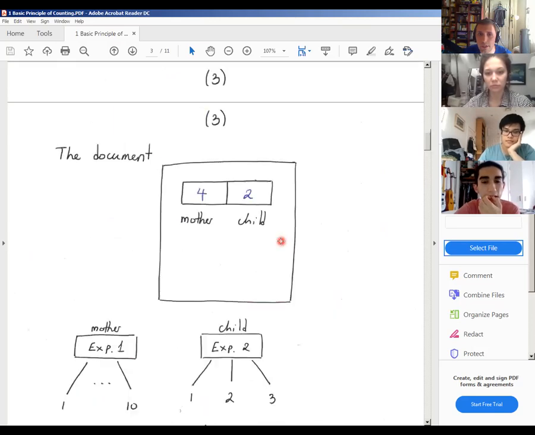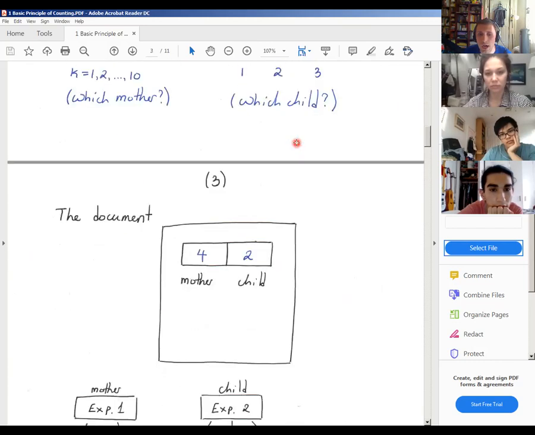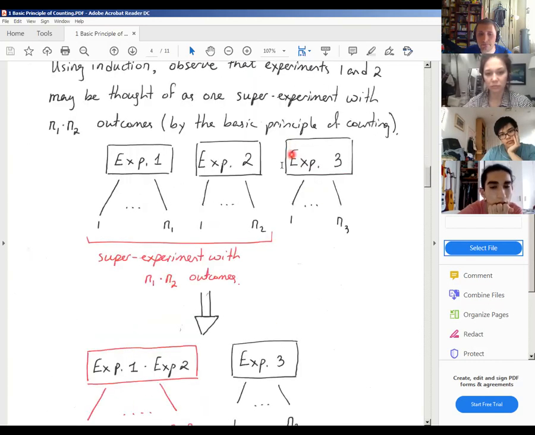I picture this structure for those experiments. That's what we did in general. Instead of m and n, I have n1 and n2. So I will have n1 rows and n2 columns. Yes, guys? If you think it's all very simple, trust me, right?